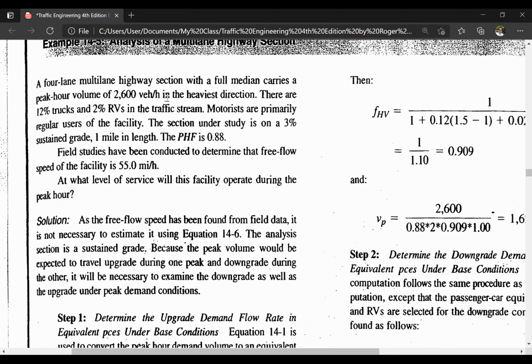The section under study is on a 3% sustained grade for 1 mile in length. Given PHF 0.88. You got the field study of the 55 mile per hour speed limit speed. The question is, what is the level of service for this facility during the peak hour?